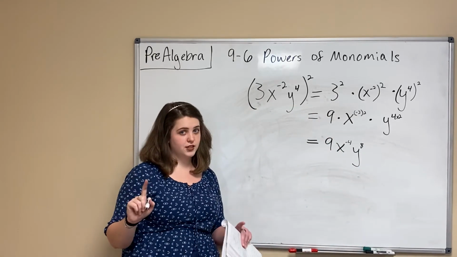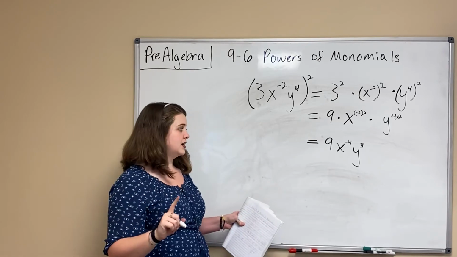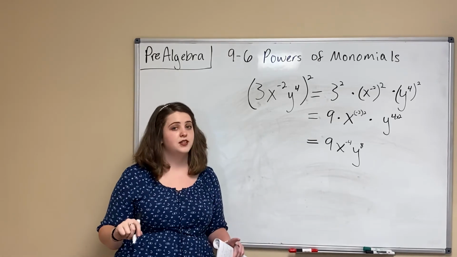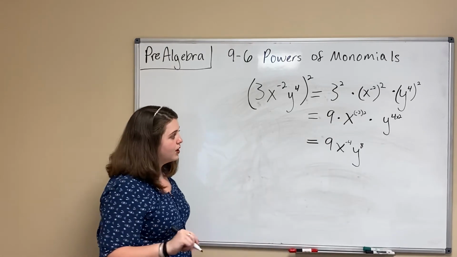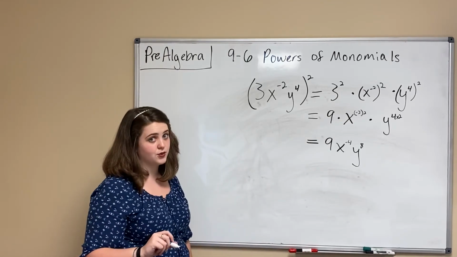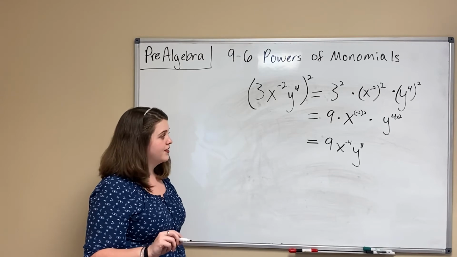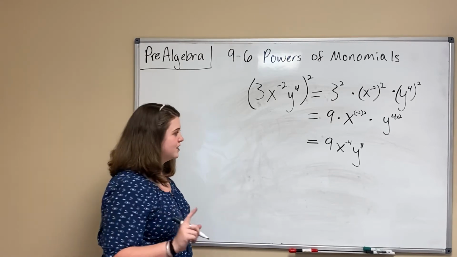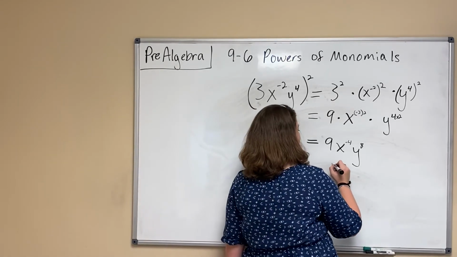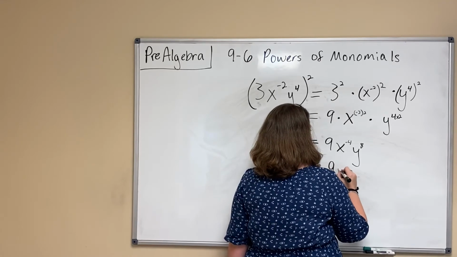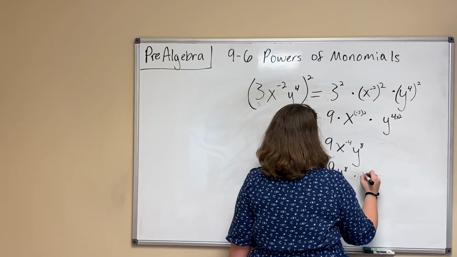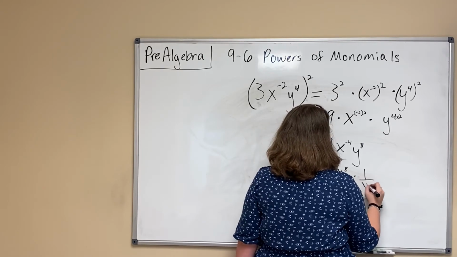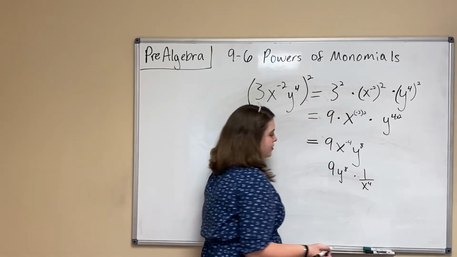Okay, now here's the last step. Looking at this, I have a negative exponent. So what I can do with this negative exponent is rewrite that x to the negative 4th as what? It's going to be rewritten as, we'll still have our 9 and our y to the 8th, right? But now we're multiplying it by 1 over x to the 4th.